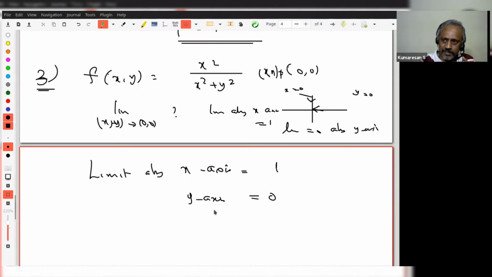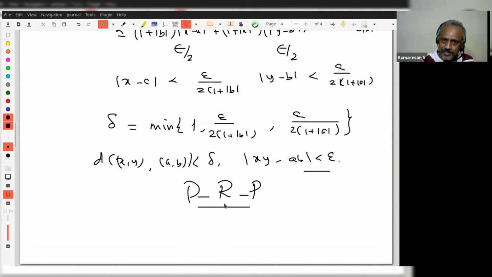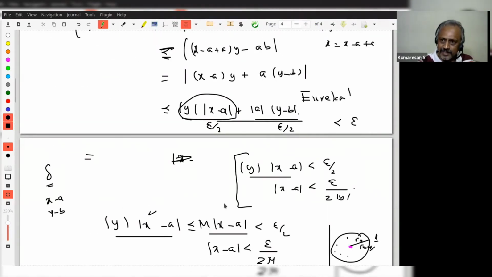Our definition, you see, now I am an accountant. My checking of the account should be as per the Indian government income tax rules. I cannot use something like Panama Islands rules to compute the accounts. You understand? So my income tax rule says I have to use epsilon delta.